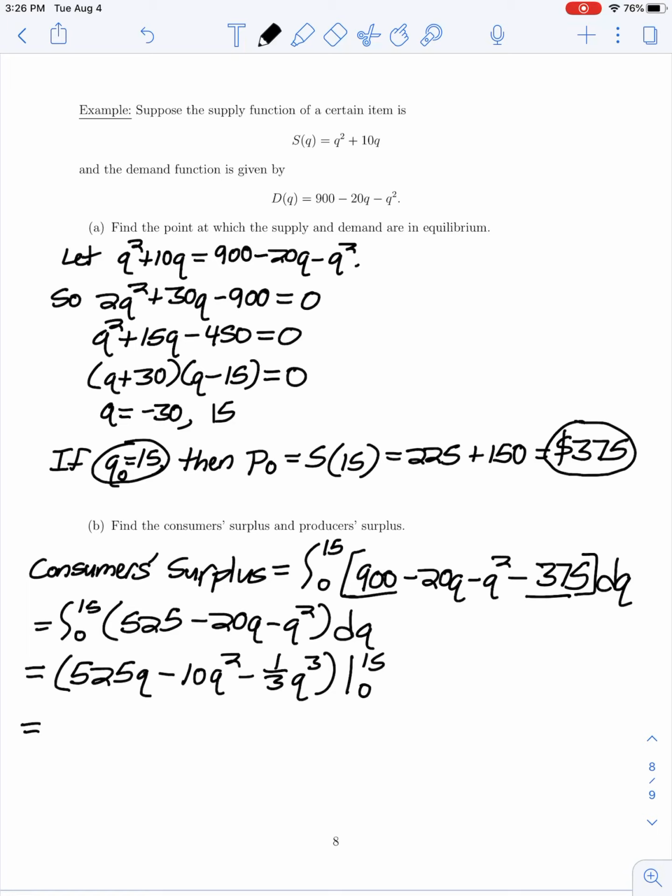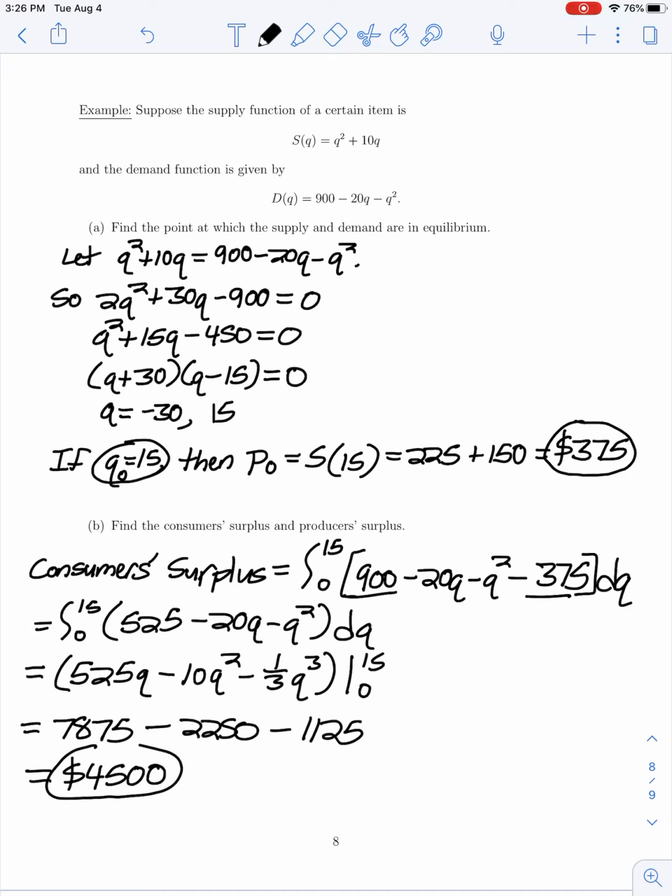So evaluating at 15, we would have 525 times 15, which is 7875, minus 10 times 15 squared, so that's 10 times 225, which is 2250, minus 15 cubed divided by 3, which leaves us with 1125, or after simplifying, 4,500, measured in dollars here.